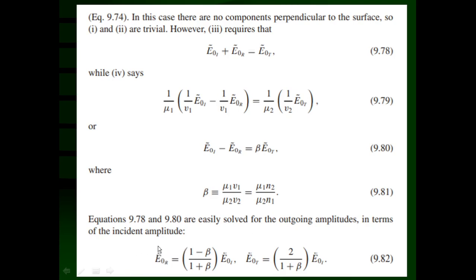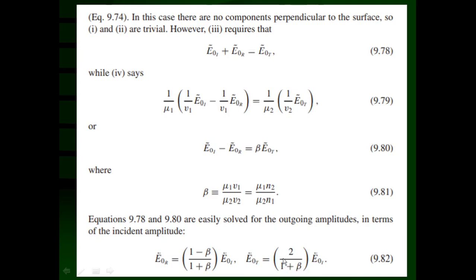That means the reflected wave's electric field amplitude E0R is equal to (1 minus beta) upon (1 plus beta) times E0I. That means E0R is a function of E0I. So how much fraction of E0I is going to be reflected back is given by this equation, and E0T, the magnitude of the transmitted wave, is equal to 2 upon (1 plus beta) times E0I.